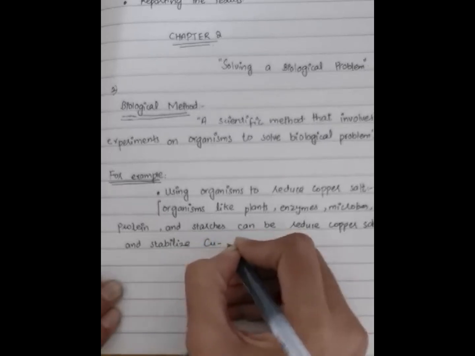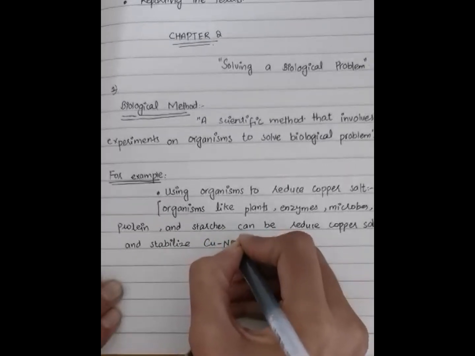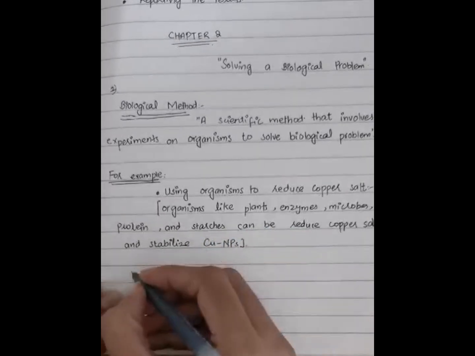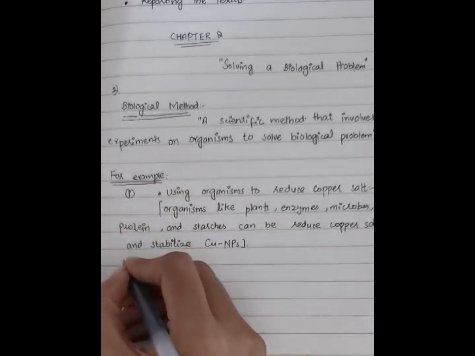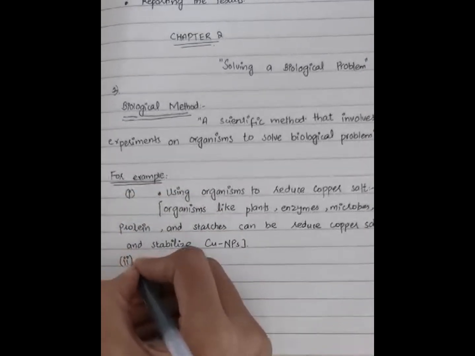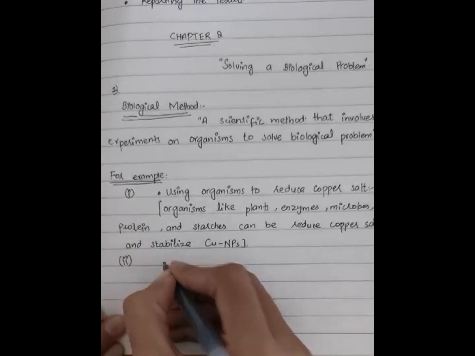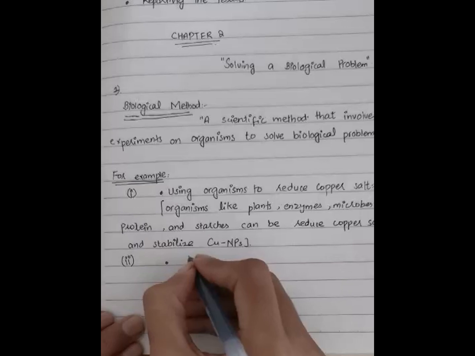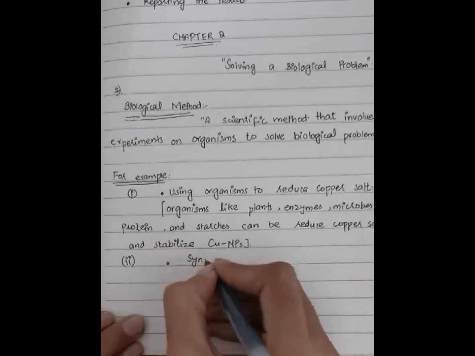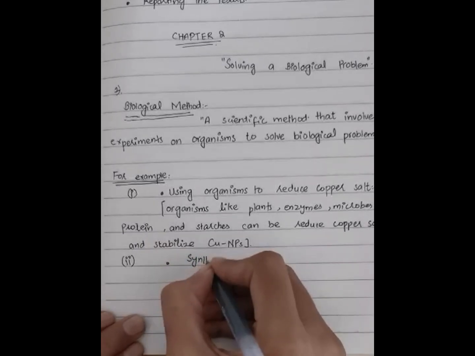Bacteria, fungi or plants can be used to synthesize nanoparticles. Again, we use living organisms to synthesize particles to solve biological problems.